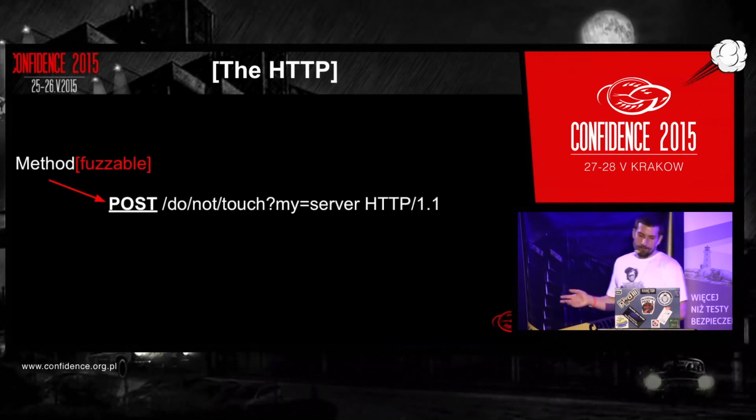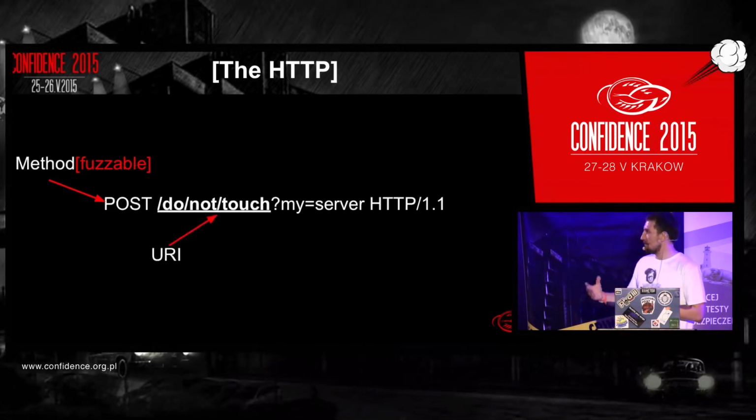So, while the web server definitely parses the methods to decide what it should do with the received request, it of course may be prone to some vulnerabilities during such parsing. So the method is a fuzzable parameter of the request.